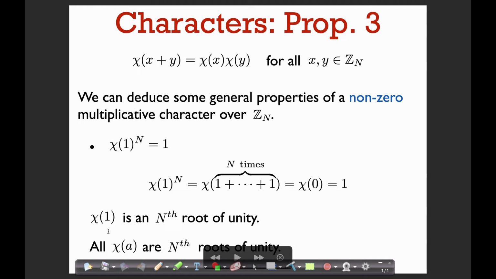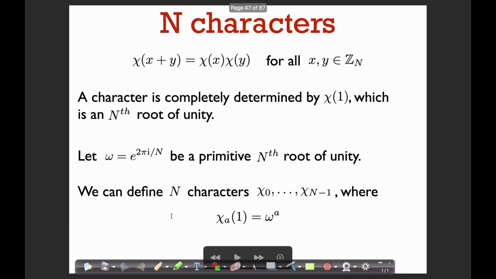Okay, so that means that chi of 1 is an nth root of unity. So for any character, chi of 1 has to be an nth root of unity. All the other chi of a are just powers of chi of 1, so they're also nth roots of unity.